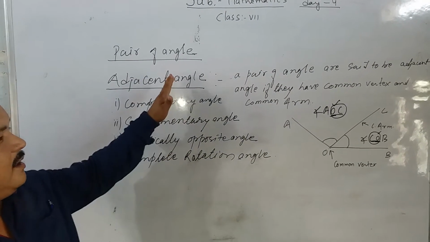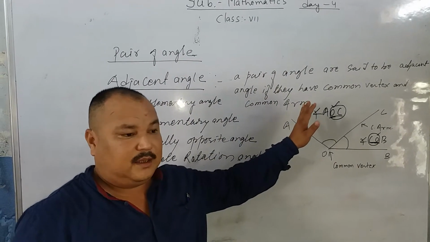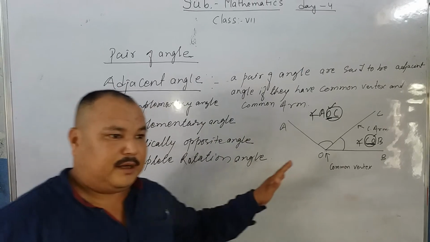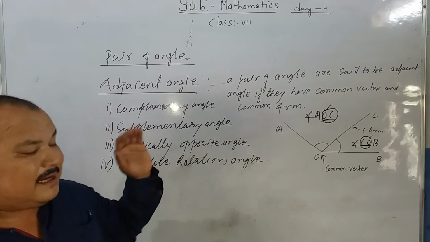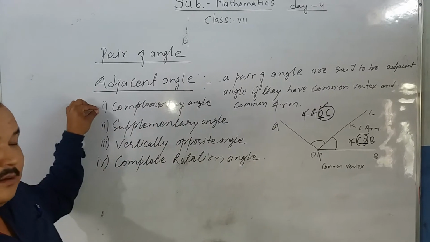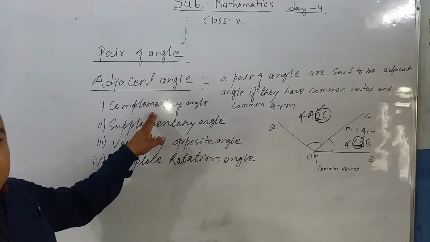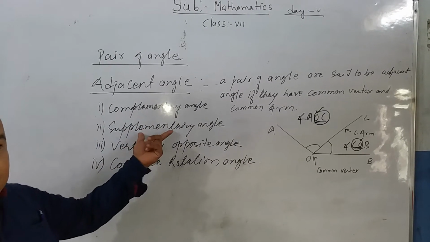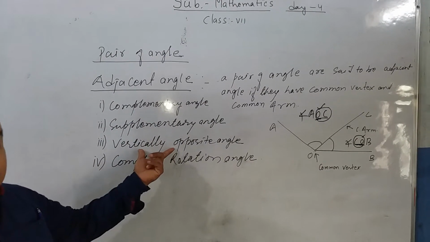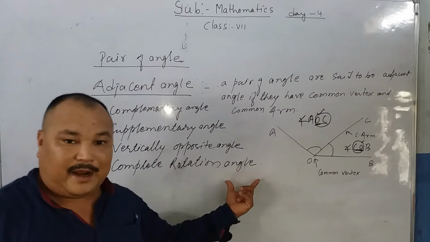So adjacent angles have no definite measures. But some of the adjacent angles have definite measures. Under adjacent angles we learn complementary angles, supplementary angles, vertically opposite angles, and complete rotation angles.